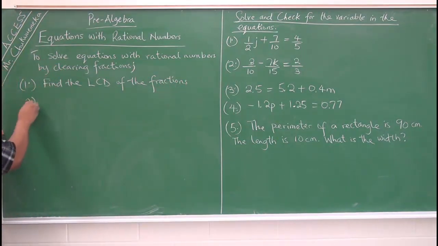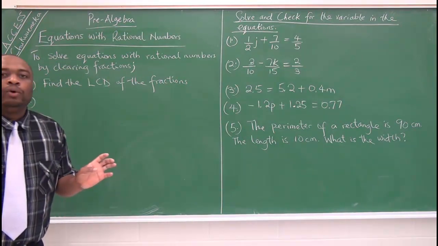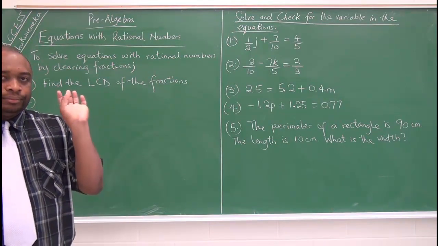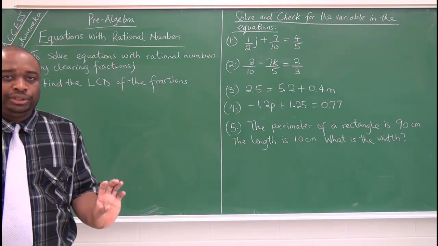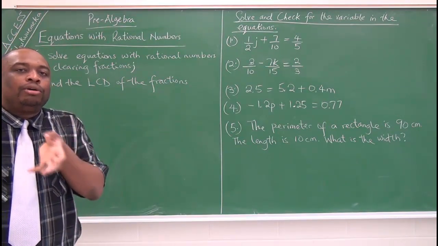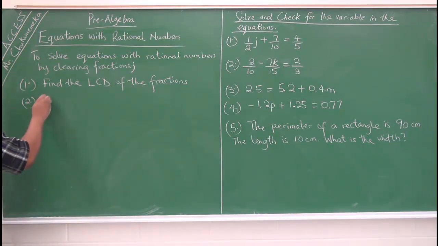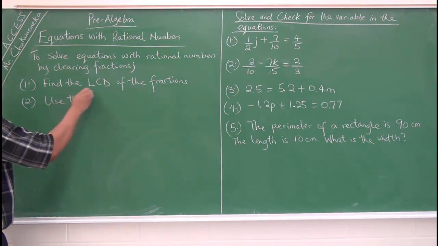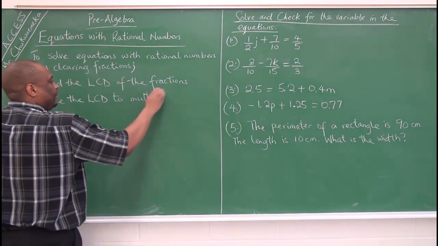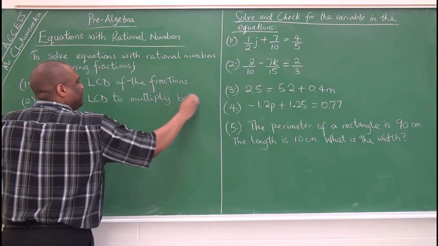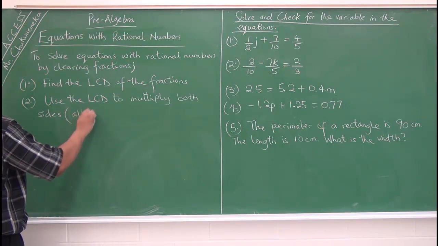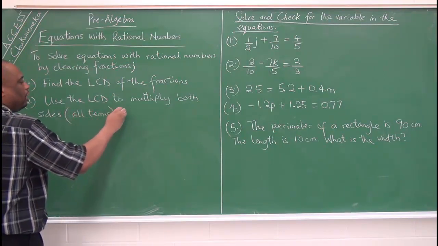Then after we get the least common denominator of the fractions, we want to use that least common denominator to multiply both sides of the equation. You can say multiplying both sides, or you can say multiplying all terms. It's the same thing.